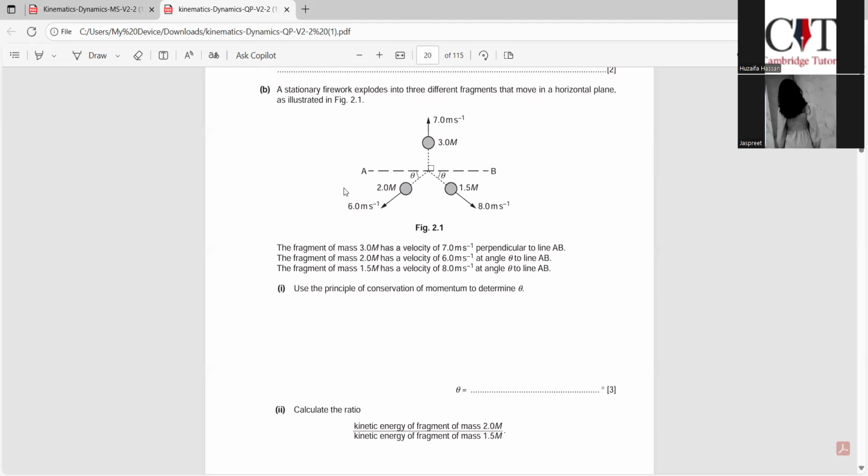The fragment of mass 2.0 m has a velocity of 6 m s^-1 at angle theta to line AB. The fragment of mass 1.5 m has a velocity of 8.0 m s^-1 at angle theta to line AB. Use the principle of conservation of momentum to determine theta. Determine this angle.